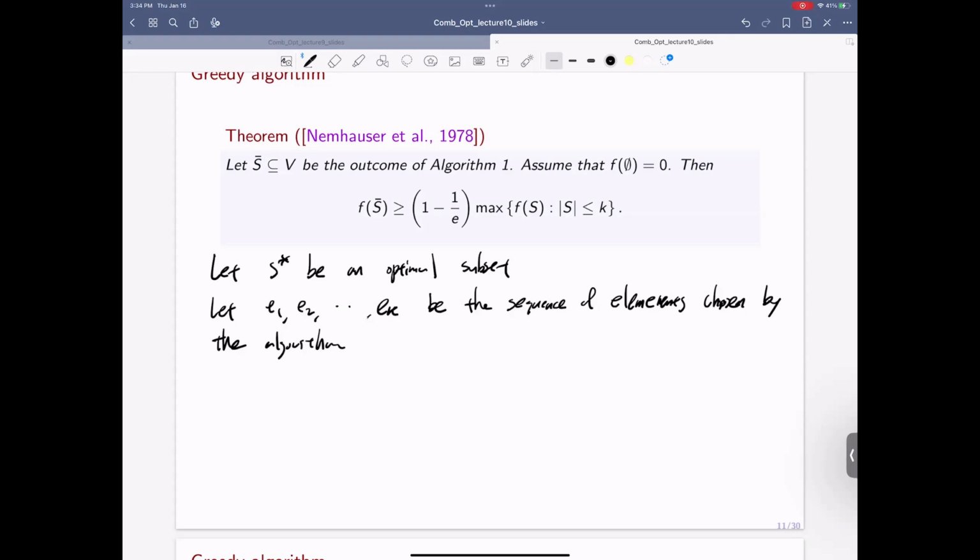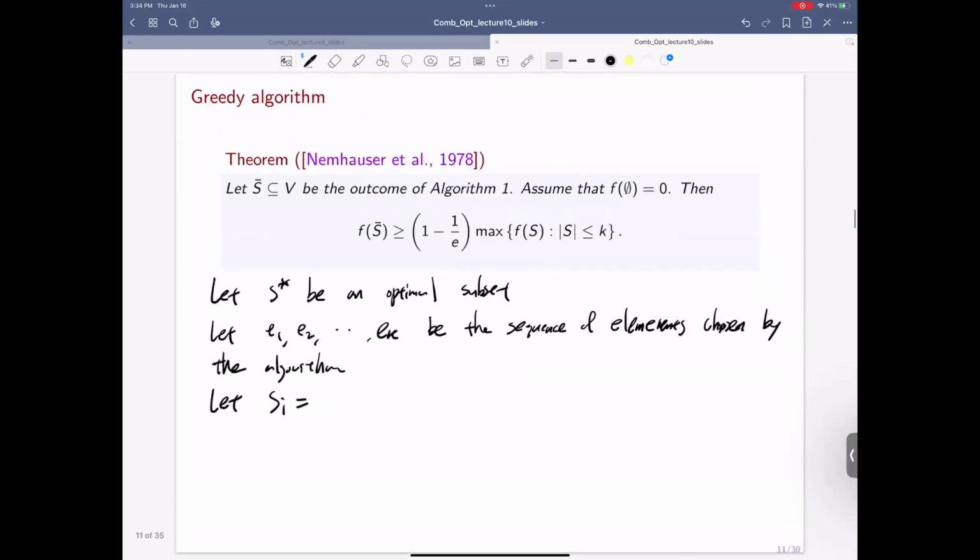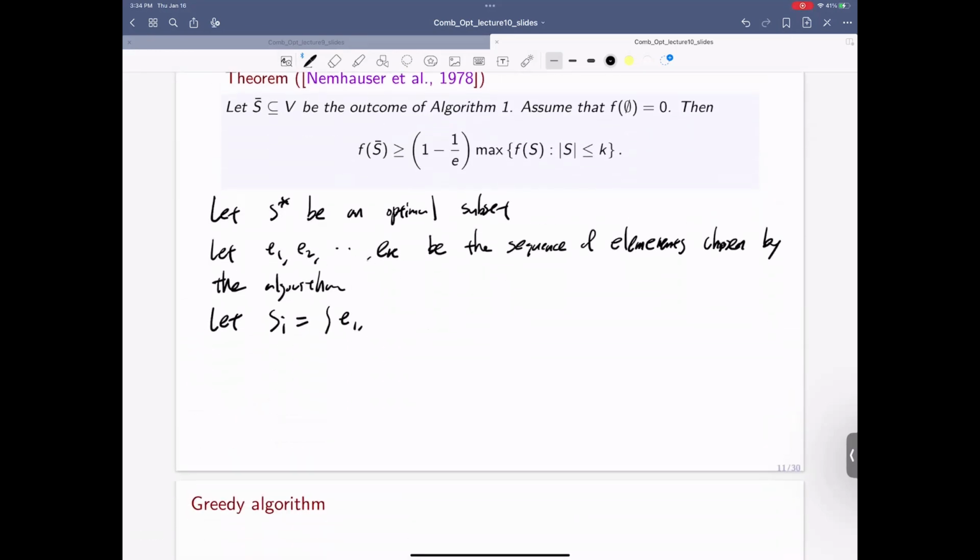So what I do is the following. Let Si be the first i elements, for i from 1 to k. Then my final set, S bar, is nothing but Sk. And we claim the following.